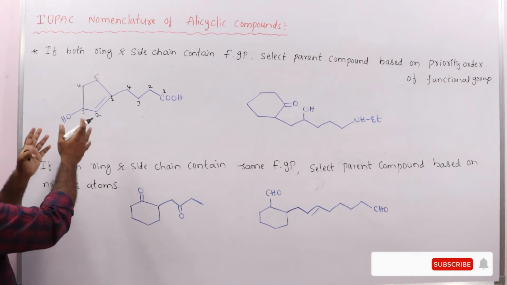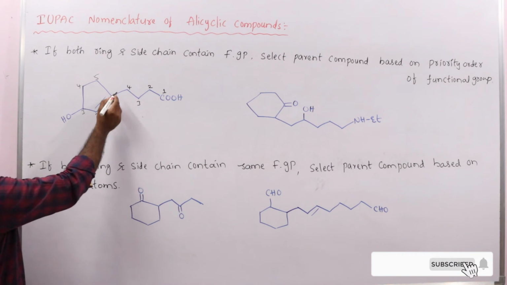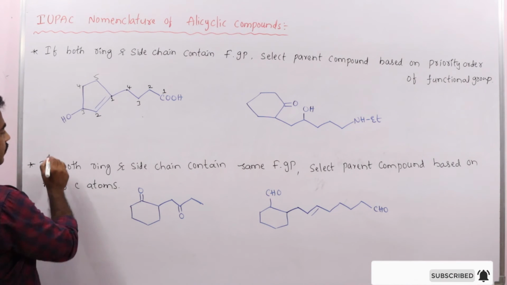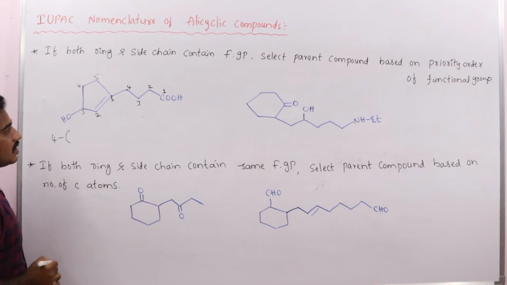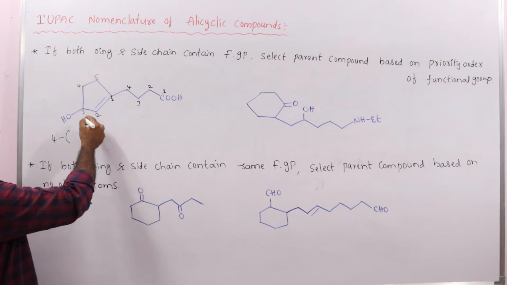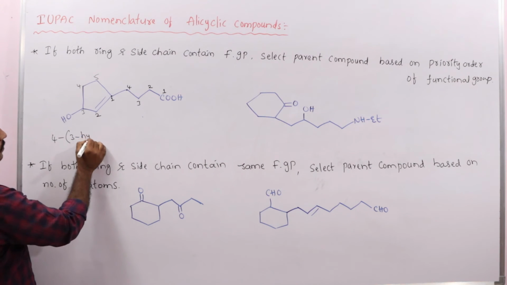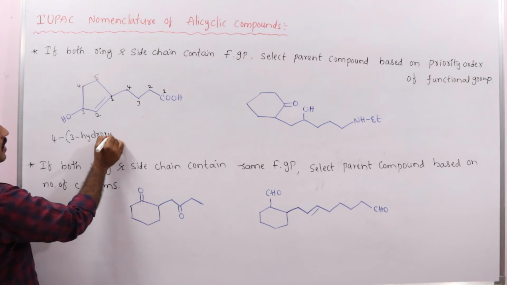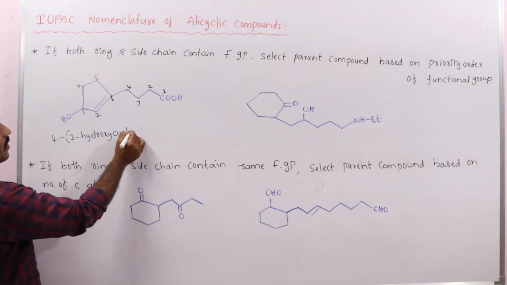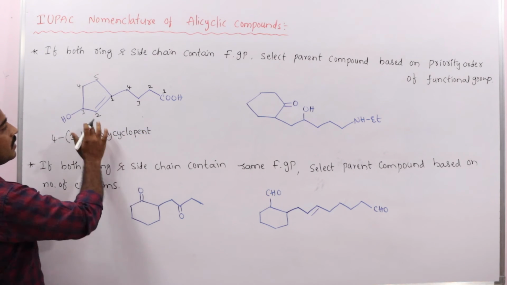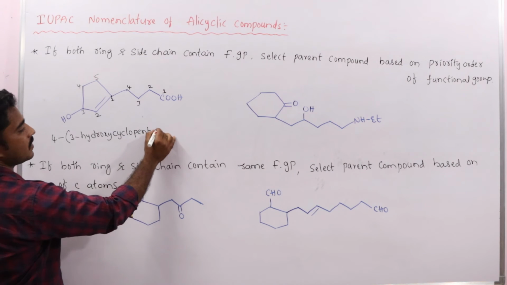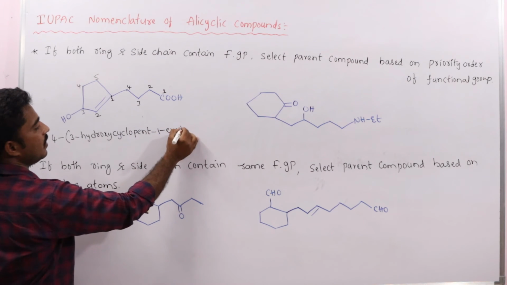Write the name of the substituent first. At the fourth position of the parent chain, which substituent is there? 3-hydroxy cyclopent-1-enyl.